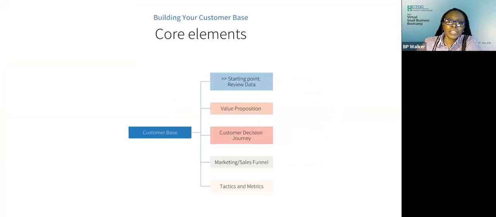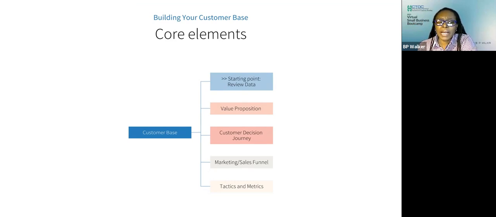Okay. So our core element tonight is the customer base. I've laid out some very rudimentary steps because I found that if you make things complicated, it's hard to follow, particularly when you're in the middle of running your business day to day. So I try to drill things down into concrete steps that people can follow.